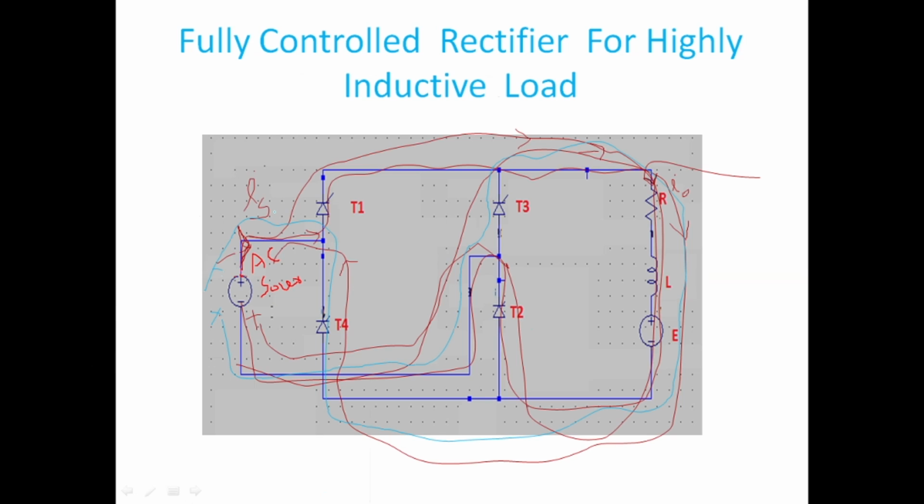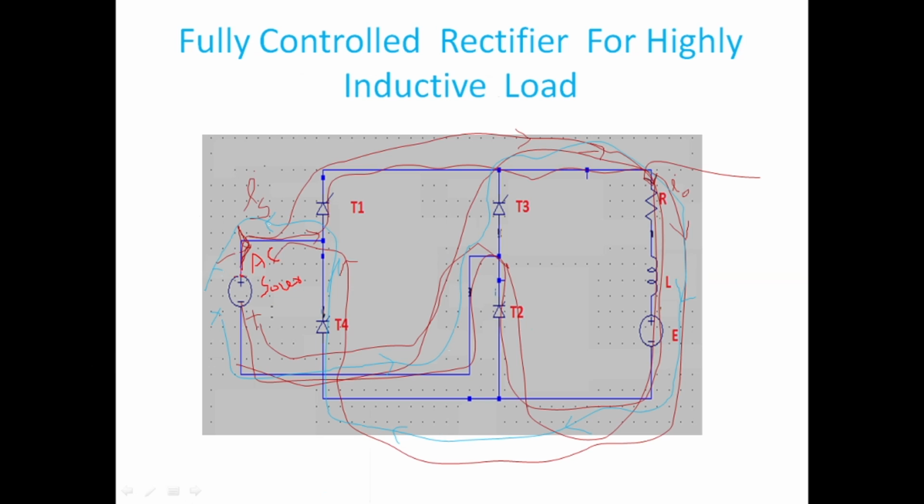The arrow's actual flow direction is in this way, correct or not? Current always flows from positive to negative. The current flow direction is in this way, and then it goes in this way.